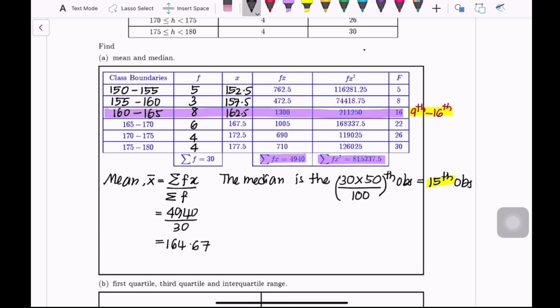By using the formula, the median is equal to the lower boundary for the class of the median, which is 160, plus n times k over 100, which is equal to 15, minus the cumulative frequency before the median class, which is 8, over the frequency for the class of the median, which is 8, times c, which is 165 minus 160, equal to 5. So the median is equal to 164.375.